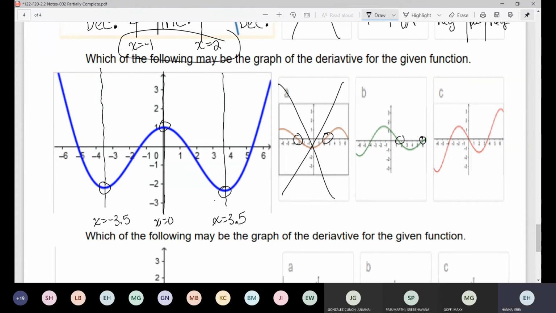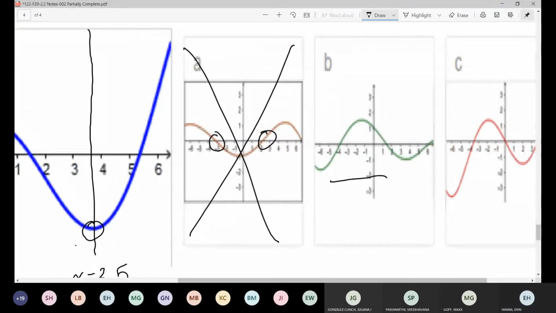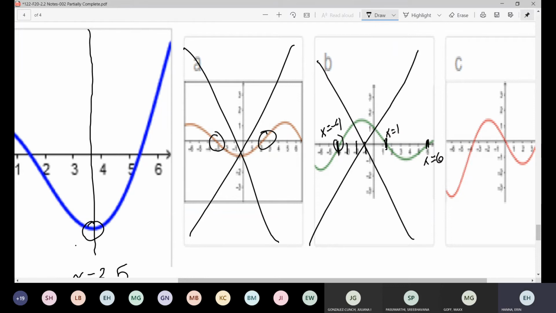But if you look at this one, again, I know it's kind of blurry. I'm really sorry. If we count, we've got 1, 2, 3, 4. This one crosses at about x equals -4, at about x equals 1, and about 1, 2, 3, 4, 5, x equals 6. That crosses in all the wrong spots. So that can't be it either.